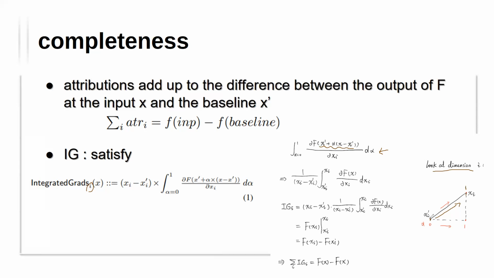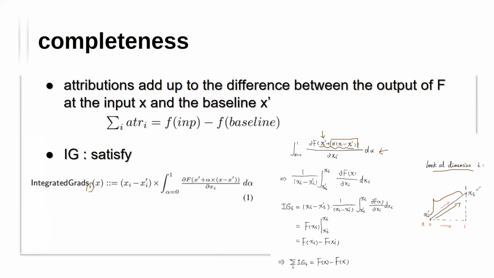You start from xi prime, and you add alpha times this line. When alpha equals 0, you begin from x prime, which is our baseline, and when alpha equals 1, you go to our input x.